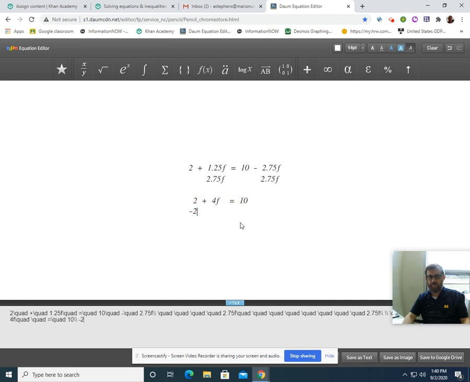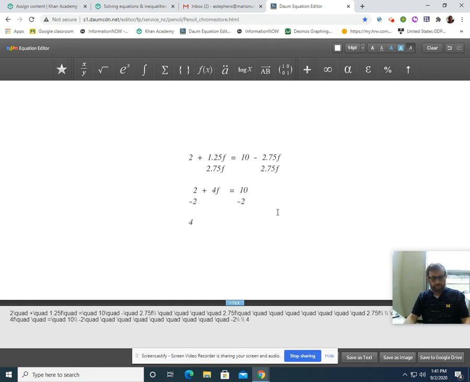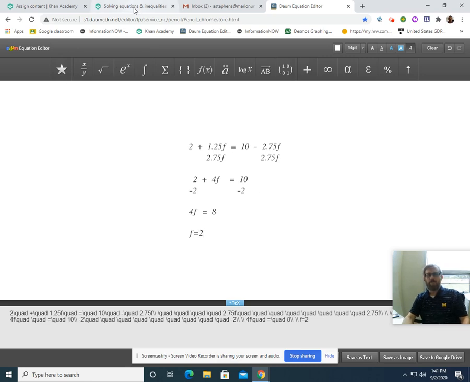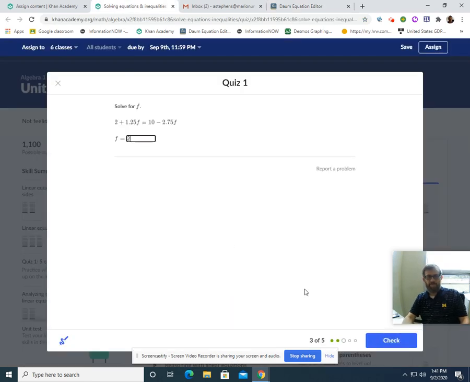Line that up just to make it look neat. And I'm going to add negative 2 over here. And again, when I do that, I'm going to get 4f equals 8. And then I'm going to divide both sides by 4 and get f equals 2. So I go back and I say f is 2. I'm on a roll.